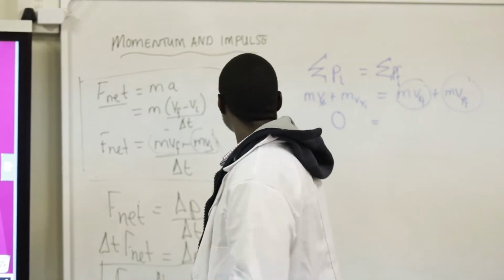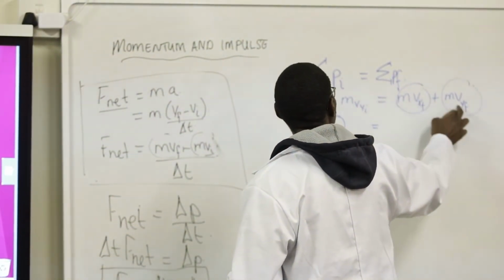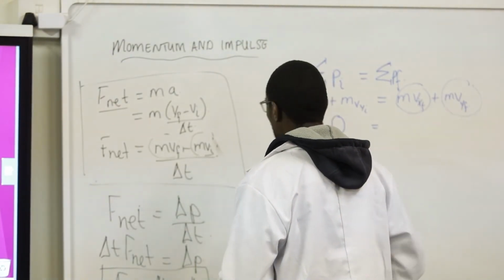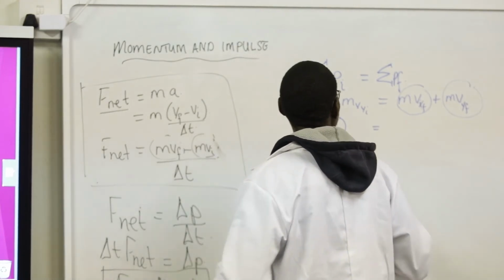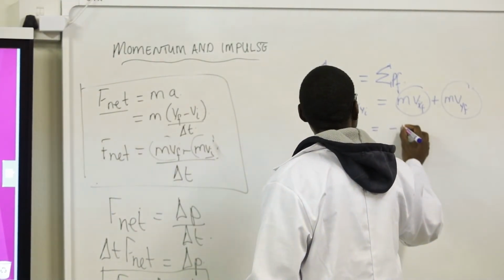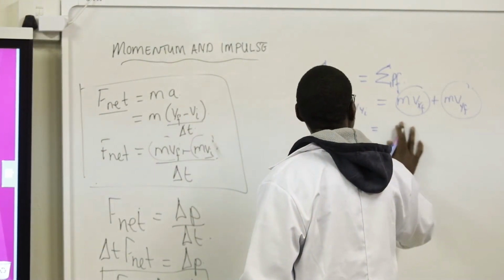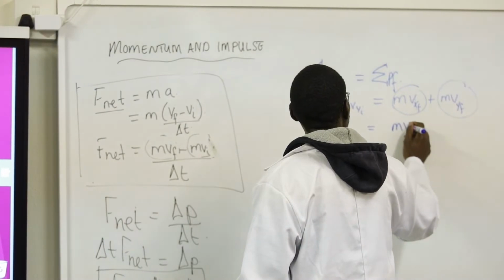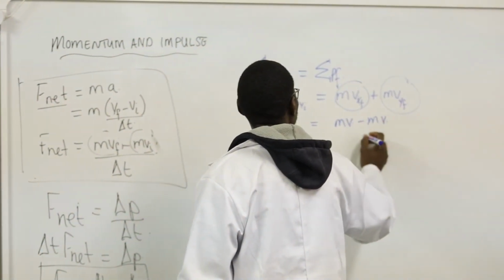But the only thing that's different about this momentum is their direction. Why would this give us 0? It's because they are moving in opposite directions, but their magnitudes are exactly the same. So it will be just m minus m, or we can put it as mv minus mv.